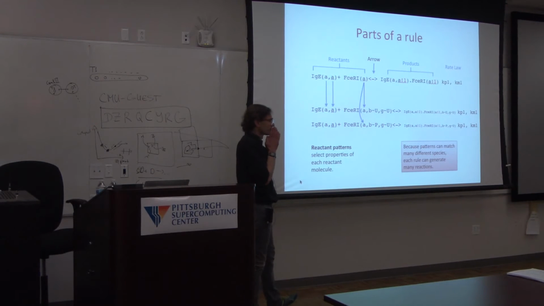Yep. Would it be possible on the product side to specify different components that are affected by the reaction than you care about? No. If you want to do something to a component, you have to specify its state on the left-hand side. And what if you don't care what its state is on the left? You still have to specify it.